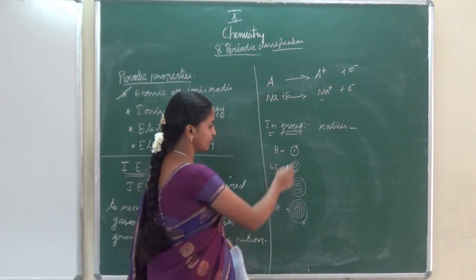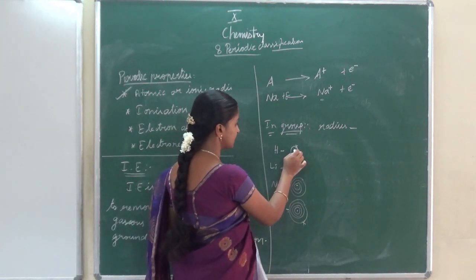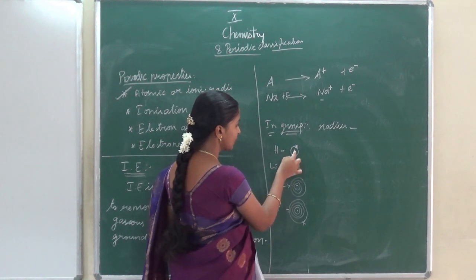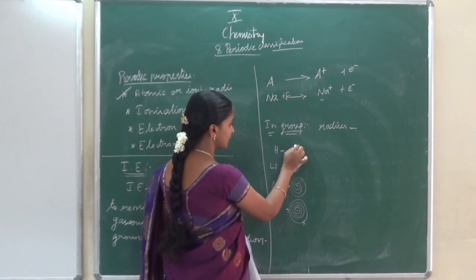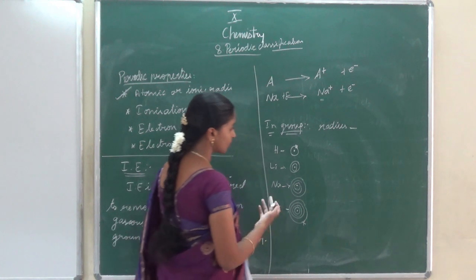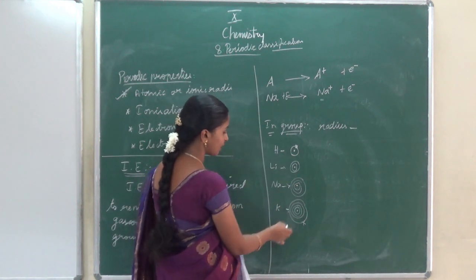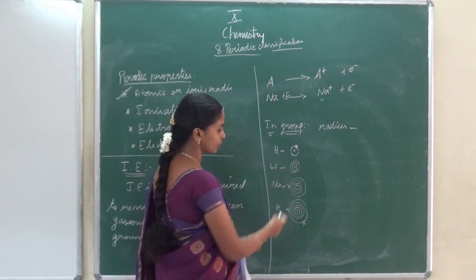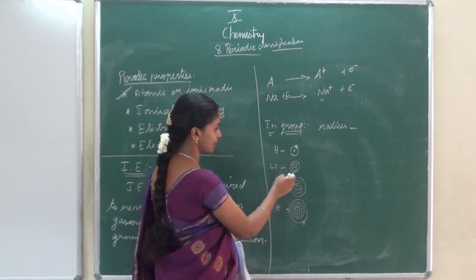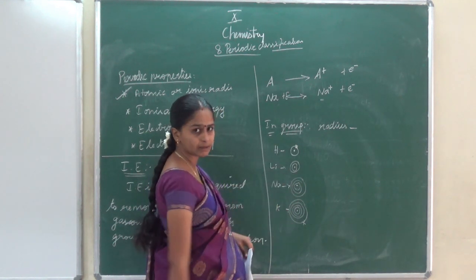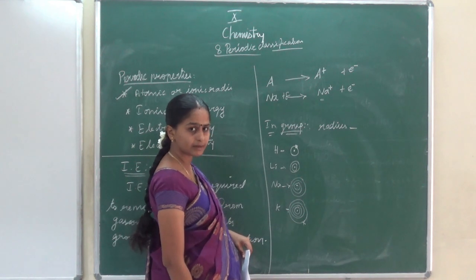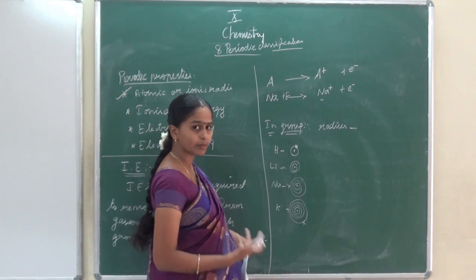When we compare with hydrogen, the nucleus is present and the electron is present close to it. Which will require more energy to remove the last electron, hydrogen or potassium? Hydrogen will require more energy. Why?